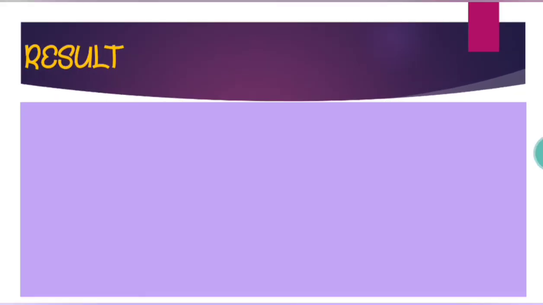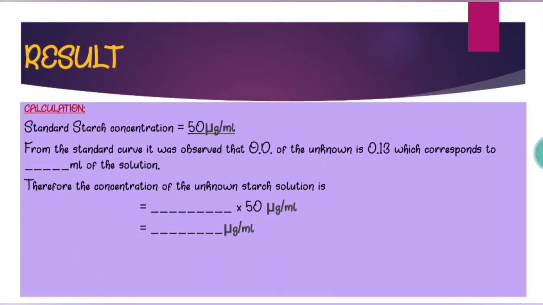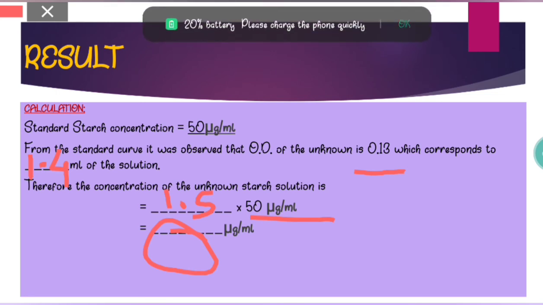Here I am just showing you an example of how to calculate for the unknown. Say the optical density of the unknown is 0.13, which corresponds to, for example, 1.4 ml on the x-axis. Then you multiply this value by 50, which is the standard concentration of starch, and you will get the concentration of the unknown.